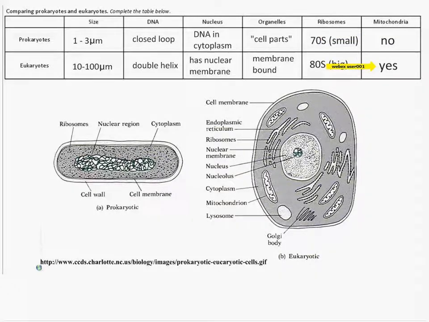If they ask you to differentiate between a prokaryotic and a eukaryotic cell with the help of a diagram, this is what you are going to draw. You draw a prokaryotic cell and a eukaryotic cell, and you label the different parts of the prokaryotic cell and the different organelles of the eukaryotic cell.